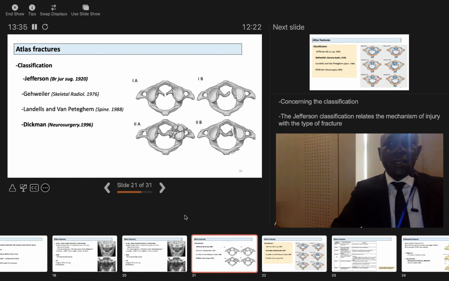Concerning the classification, the Jefferson classification relates the mechanism of injury with the type of fracture, whereas the Dickman classification focuses on integrity of the transverse ligament and degree of dislocation of the bony avulsion fragment from the lateral mass, which is important to define surgical treatment option.